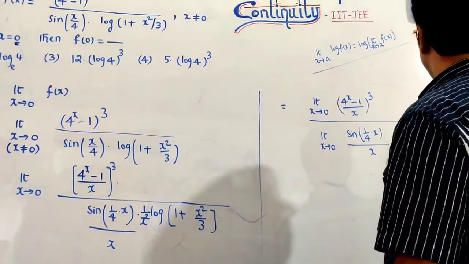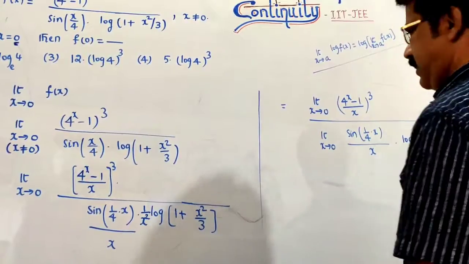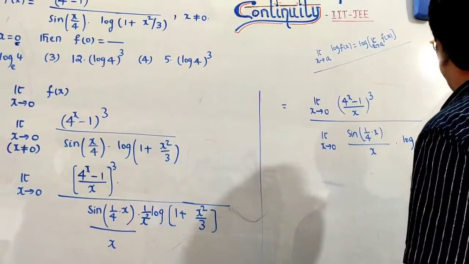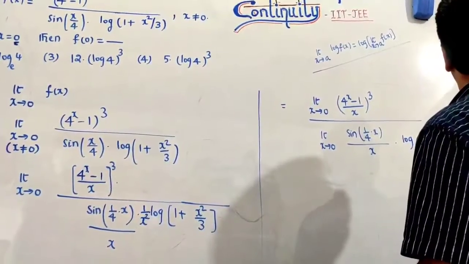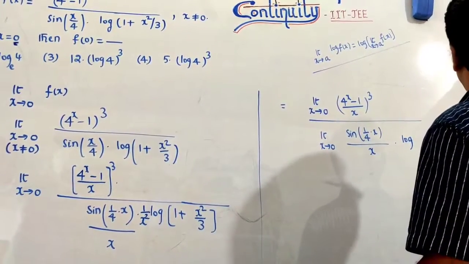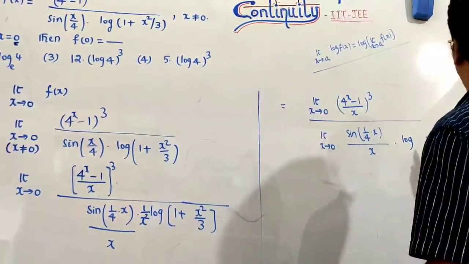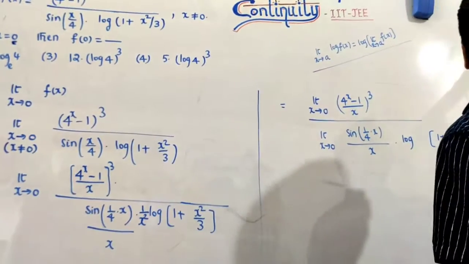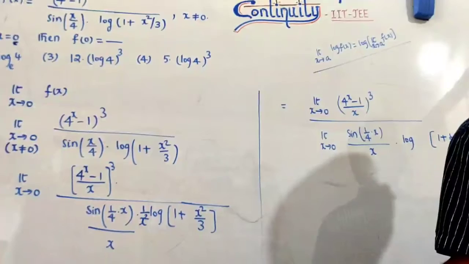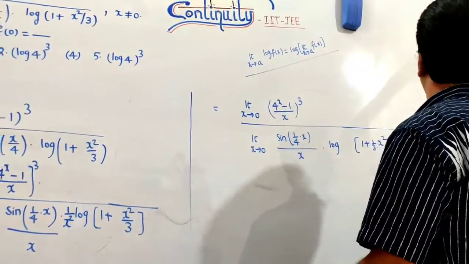So this can be written as logarithm of 1 plus x square, means 1 by 3 into whole to the power of 1 by x square.